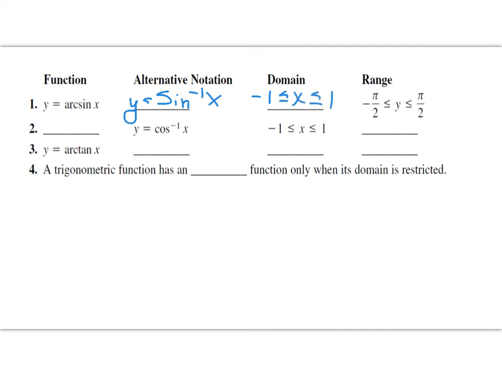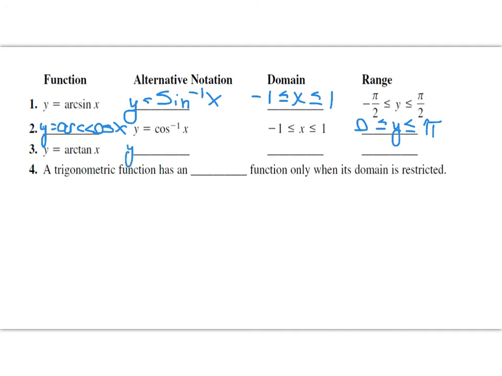Now, for the next one, it'll be y is equal to the arc cosine of x. And again, our range for the cosine is from 0 is less than or equal to y, which is less than or equal to pi, because remember we restricted it.